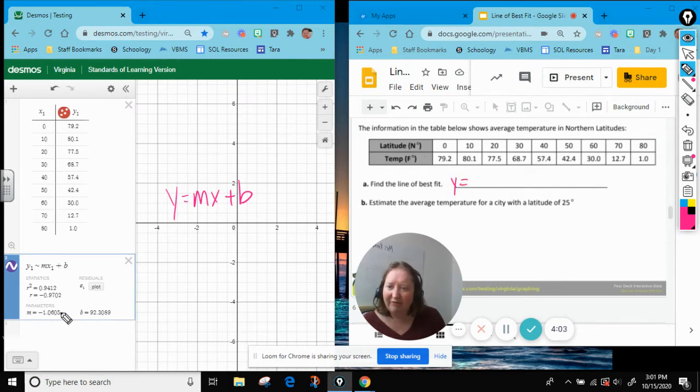Now I could use everything that they give me. Look in the instructions for the assignment you're doing to see, do they say to the tenths place? So this would be the tenths place. This would be the hundredths place. And this would be the thousandths place. So you have to look in the instructions to see what they tell you to round to.